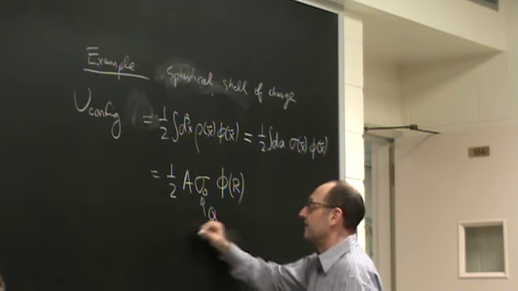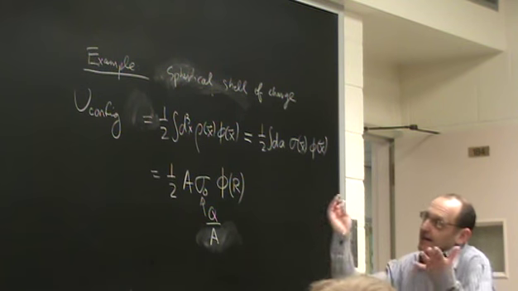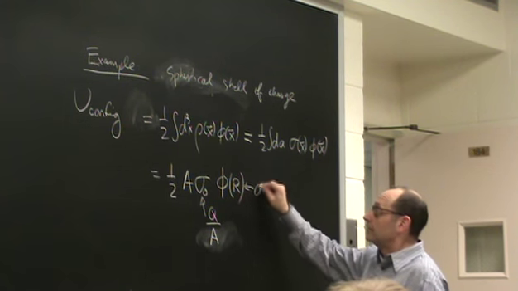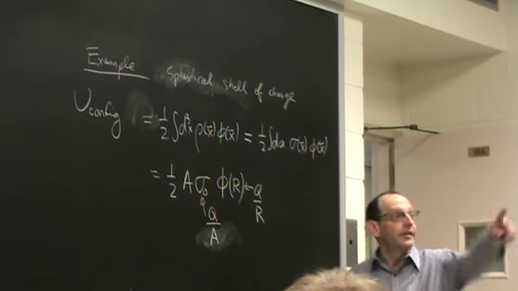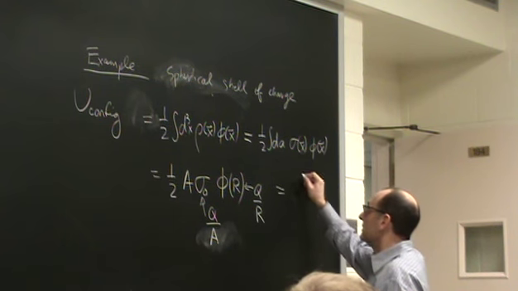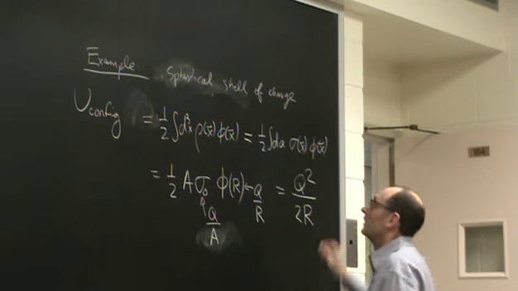It's Q over the area in this case, because it's uniform. We said it had a total charge Q. And the potential, we said was Q over r at the surface. That's what we got somewhere. So this energy is Q squared over 2r.